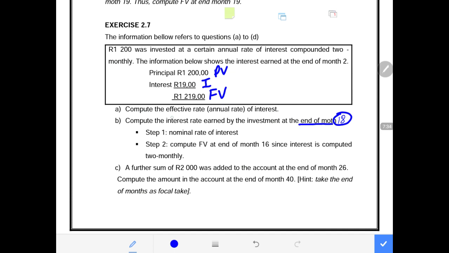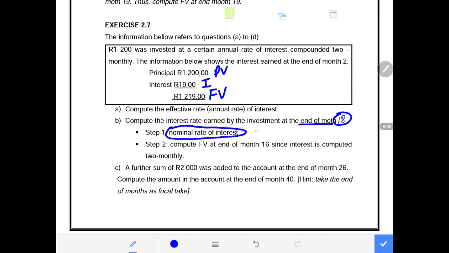Now, the interest rate that we calculated previously is the annual rate of interest. It is not the interest that is compounded monthly. In other words, we first need to calculate the interest rate that is compounded monthly. So under step number 1, we are required to first calculate the nominal rate.